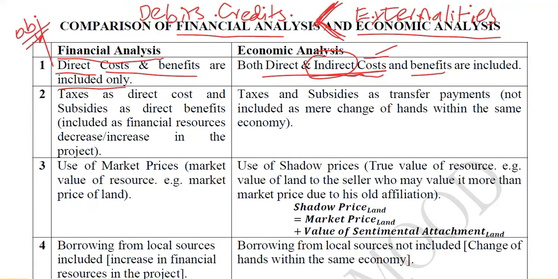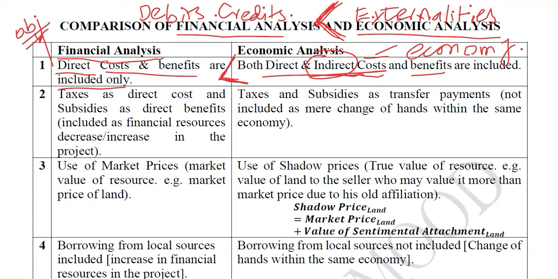We can also include the indirect costs and benefits, including the effects of the project on the overall economy. So this is the difference. Again, the comparison holds true for this greater sign, because we will be including the indirect benefits and costs as well. So the scope of analysis will be greater in the economic analysis.